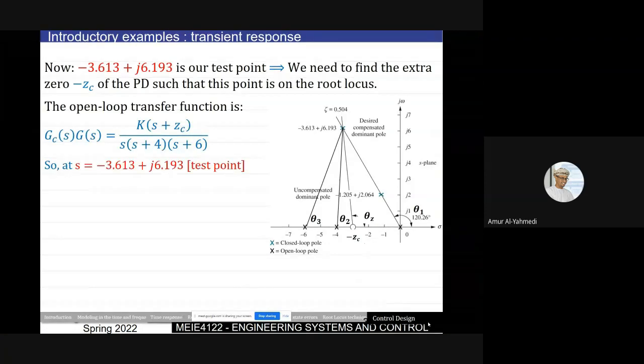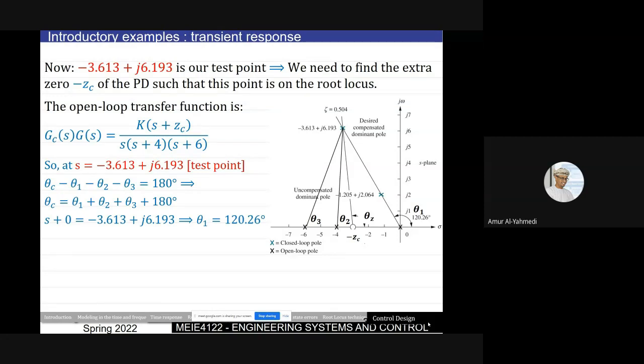For this particular example, you can have theta c minus theta 1 minus theta 2 minus theta 3 equals 180, and from this you can get theta c. We got theta 1 as minus 120.26, and you can calculate theta 2, this angle, as we did for the other examples.